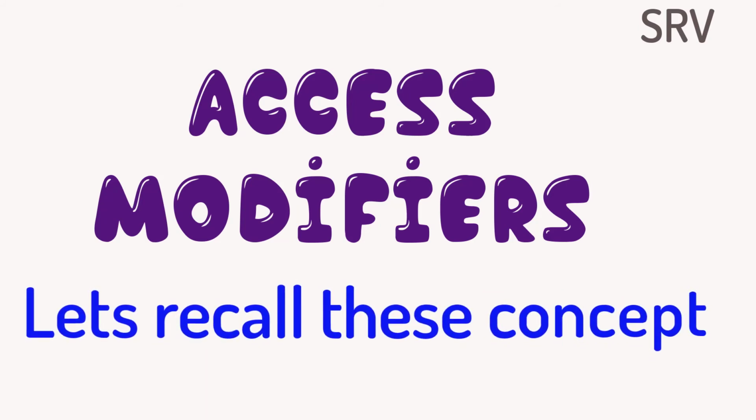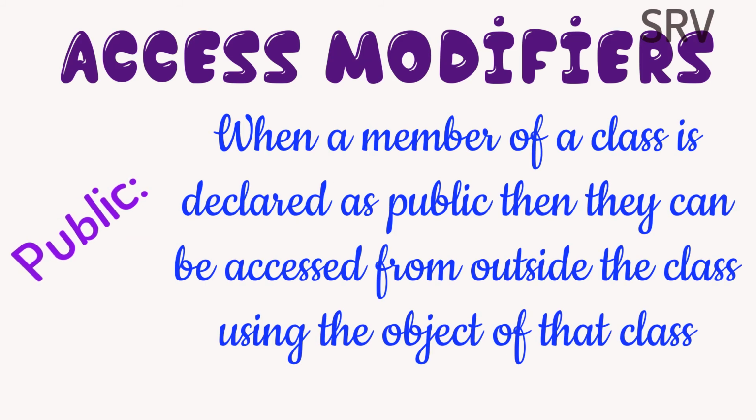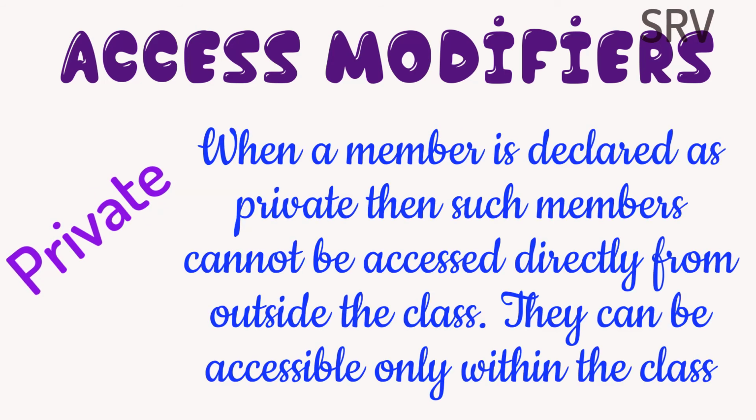So let's recall these concepts. Public. When a member of a class is declared as public, then it can be accessed from outside the class using the object of that class. Next, private. When a member is declared as private, then such members cannot be accessed directly from outside the class.